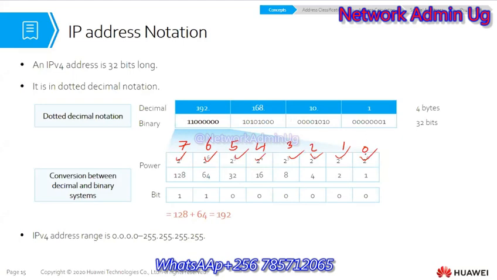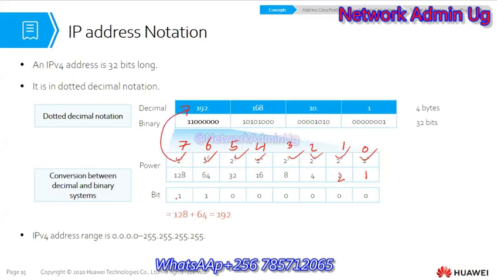In the first position, it is 2 power 0, which gives us 1. Then 2, 4, 8, 16, 32, 64, 128. Now, how do we convert these numbers to binary?